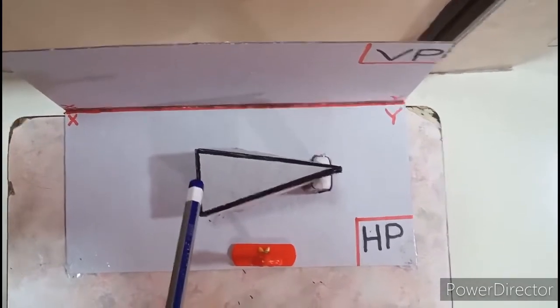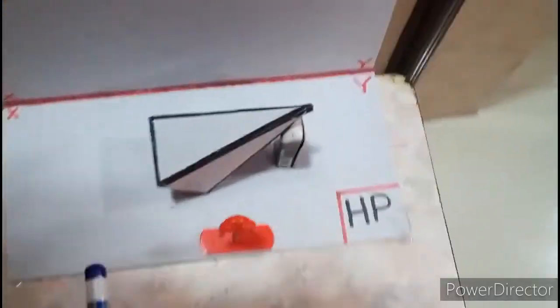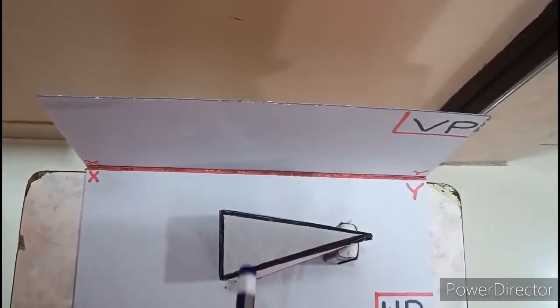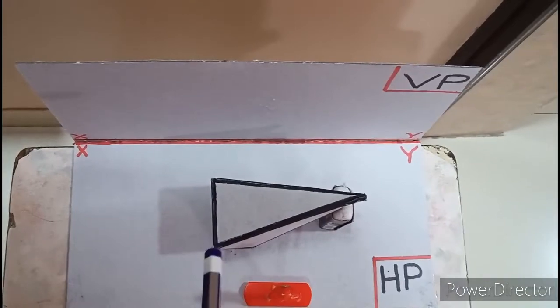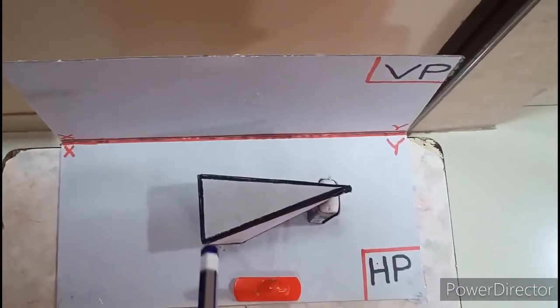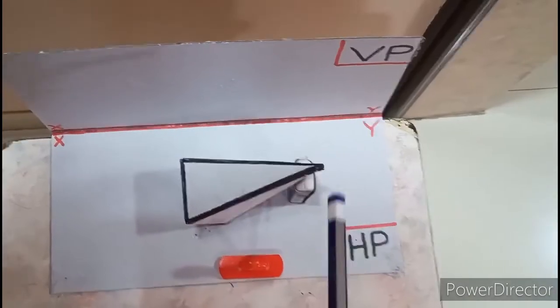I want this line to be 45 degrees. As I told you, this line and the resting edge are parallel from the top, so you get the parallel on the hidden line. Because you cannot see the hidden line, I am referring to this line. So this line should be at 45 degrees with VP. Right now it is at 90 degrees, and the apex should be near to the observer.